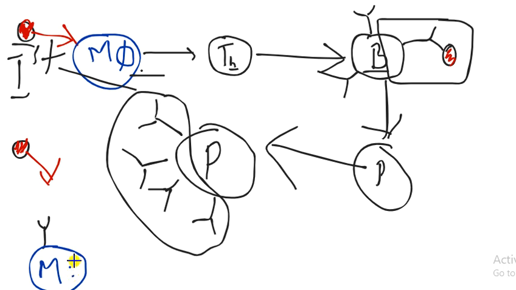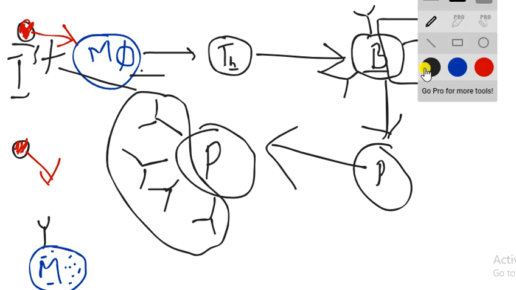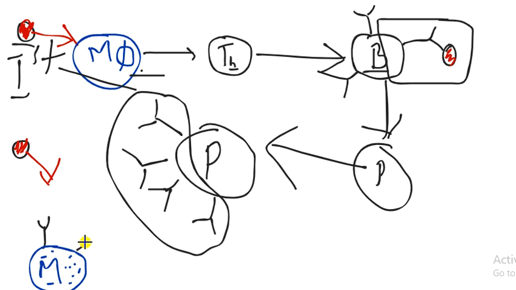The mast cell has many types of granules, including histamine, bradykinin, and slow response substance of anaphylaxis. So IgE is found on the mast cell.